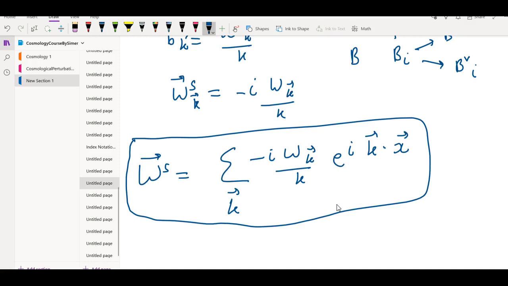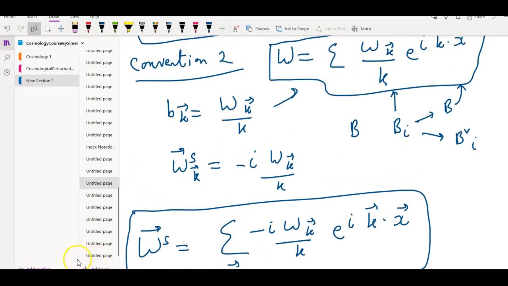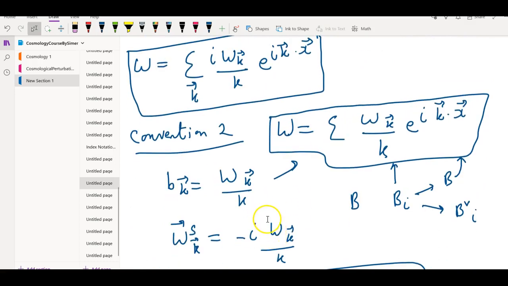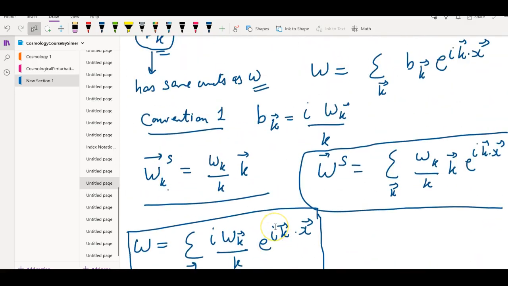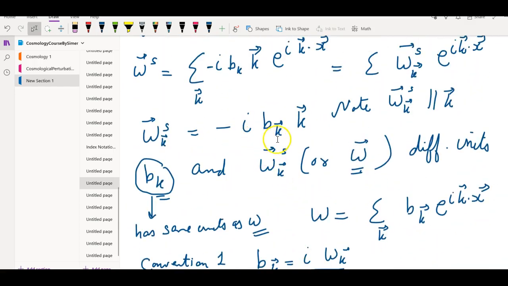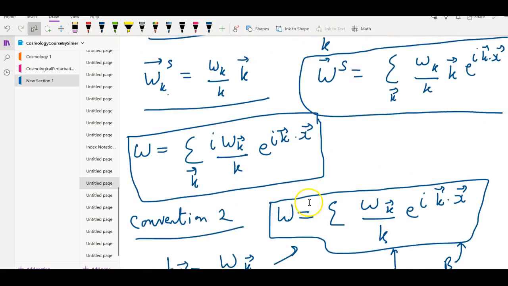What is the mistake here? Because WS is scalar, so we should have a scalar here. Sorry, WS is vector, we should have a vector here. And where is the vector part gone? Yeah, so W_K S is B_K over k.